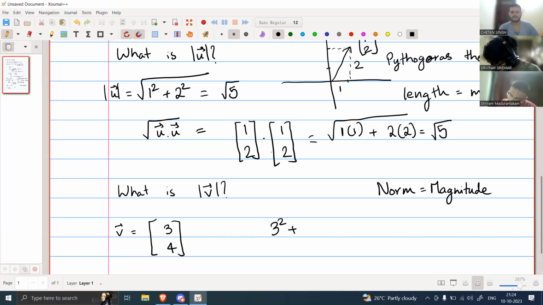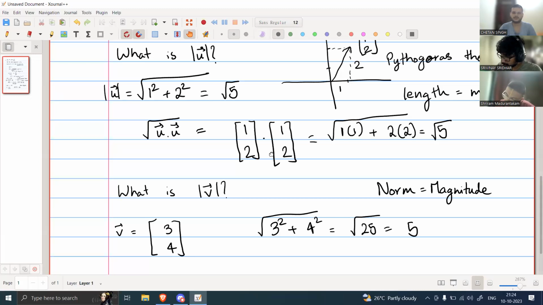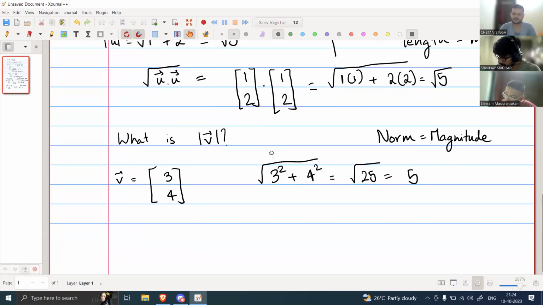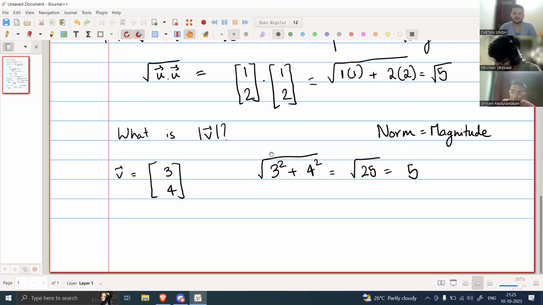So the norm of vector v is the square root of 3 square plus 4 square, which is the square root of 9 plus 16, square root of 25. So the magnitude of this vector v is 5. That is the norm of this vector v as well.